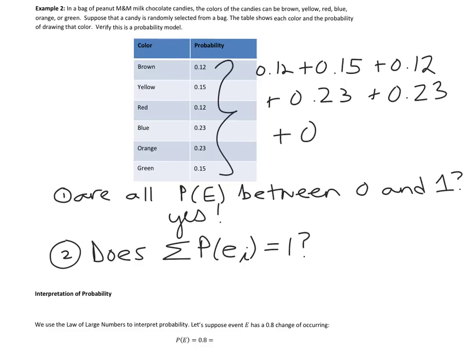Does that add up to 1? Put it in your calculator, and it does. So we'll say yes. We can conclude, yes, this is a probability model.